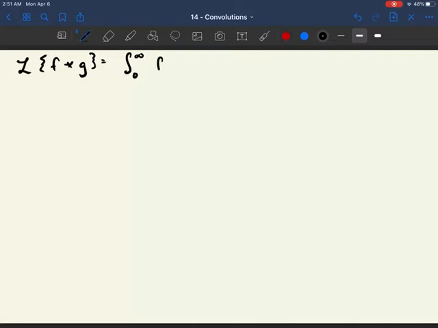So I want to find the Laplace transform of f star g. Right, so by definition, this would be the integral from 0 to infinity of f star g of t times e to the minus st dt. Right, that's the textbook definition of what the Laplace transform of a function is.